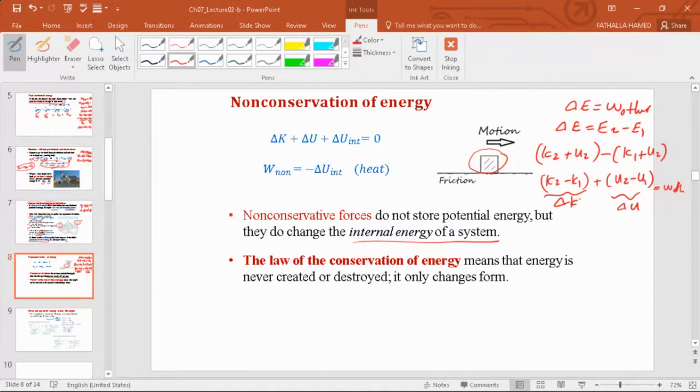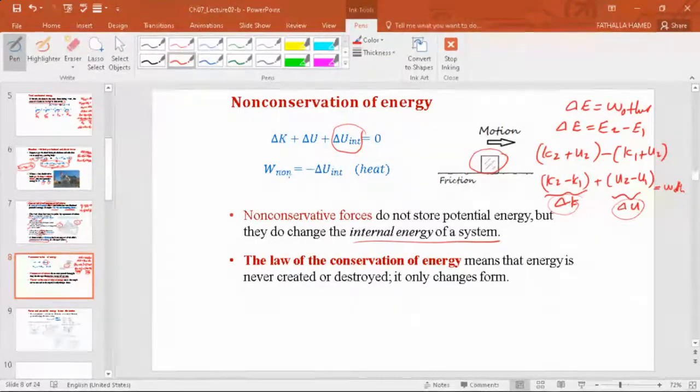And since here we're using delta K, and since we're using delta U, in order to make this difference equal to 0 at the end, that's why we added here delta U internal, where this should equal minus the work done by the other forces.